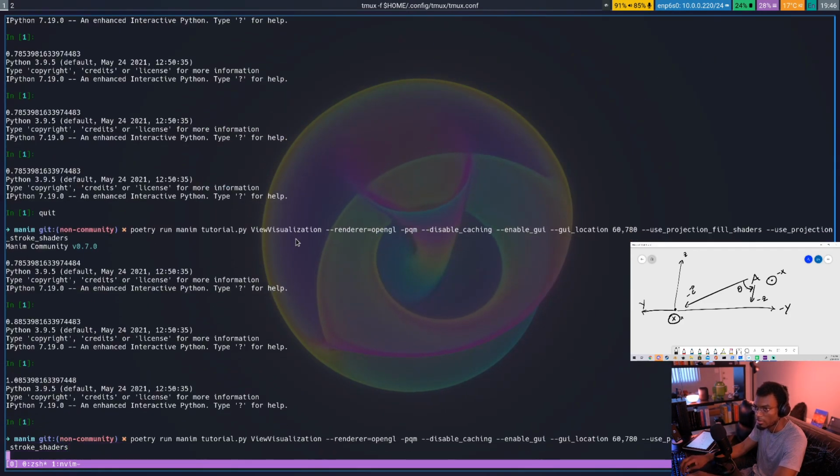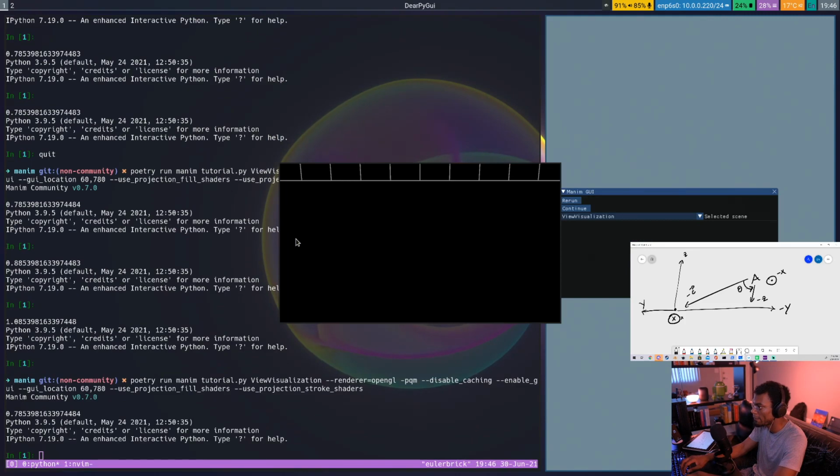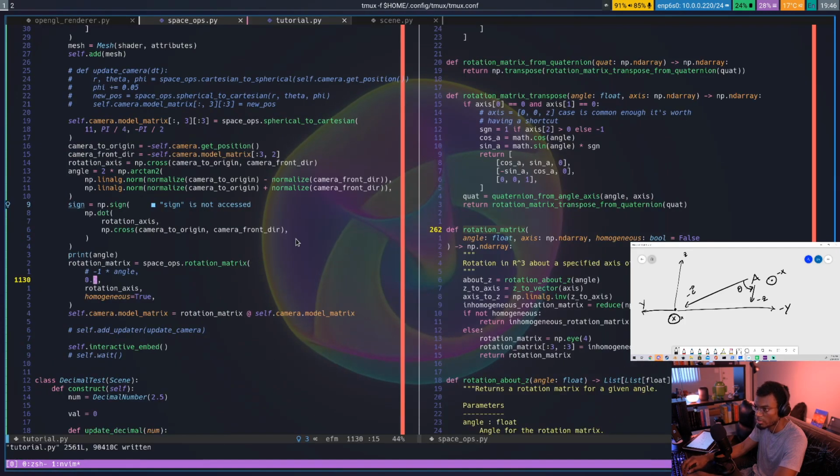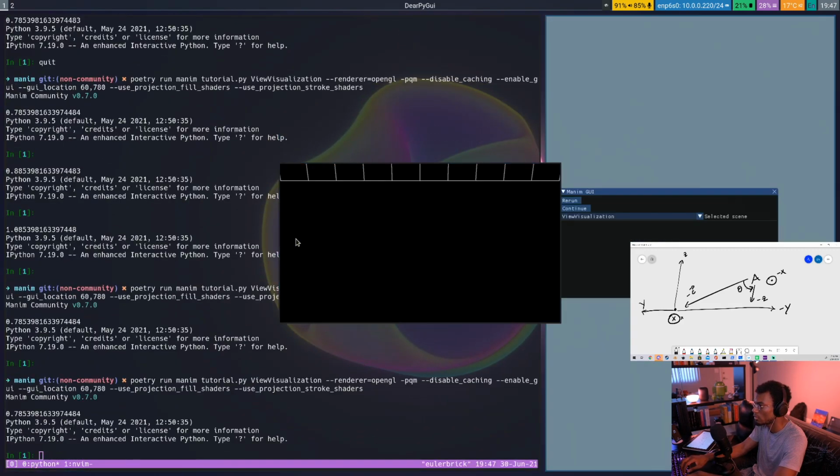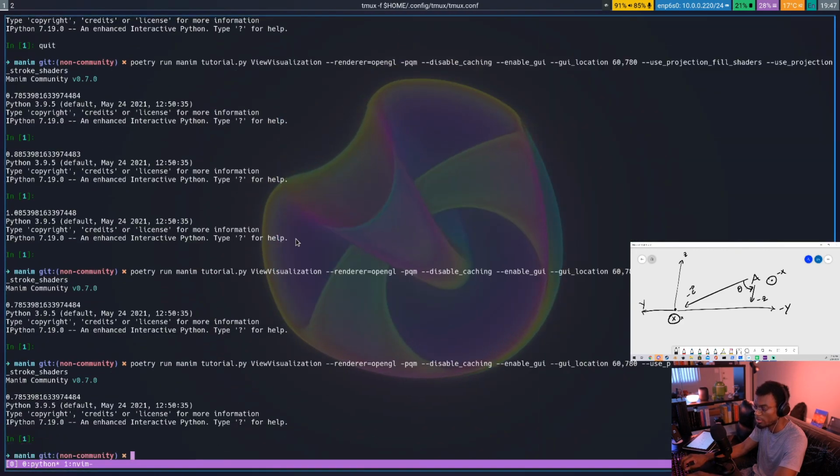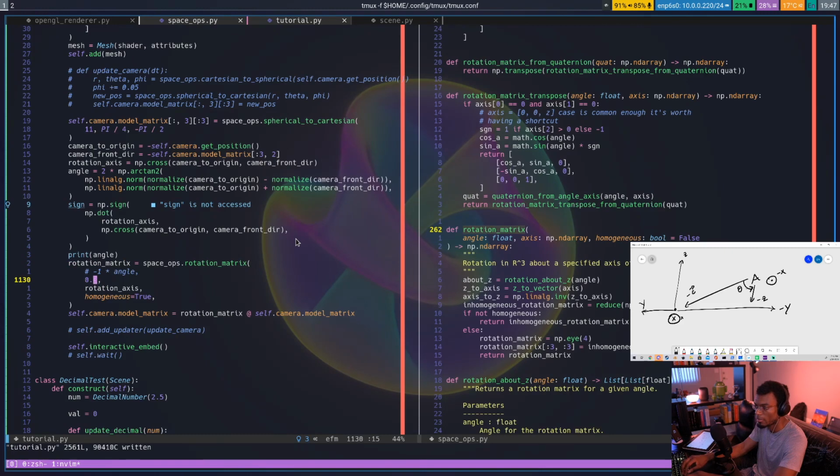If I could just live update this. 0.2 sees a little bit more. I think that's a little bit more. But why isn't it pointing toward the origin?